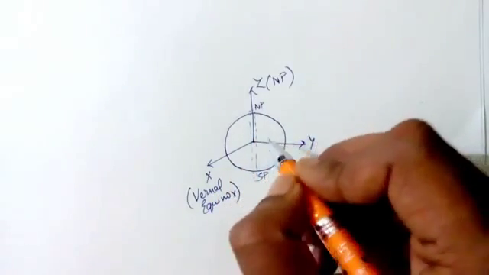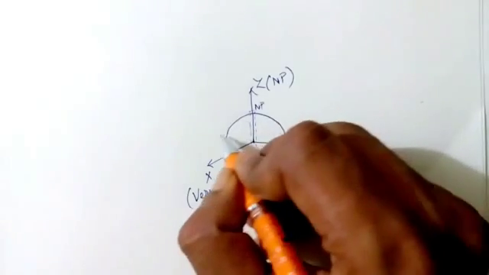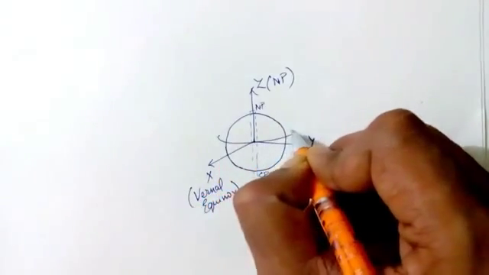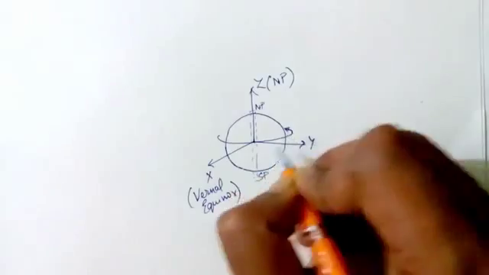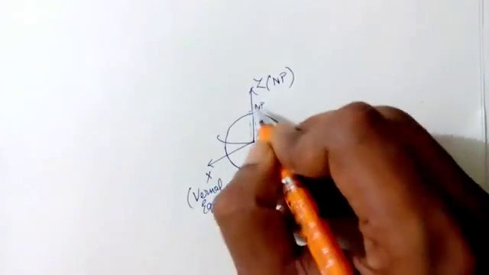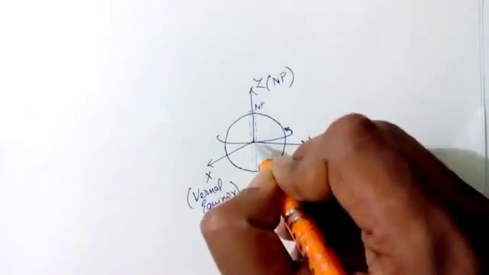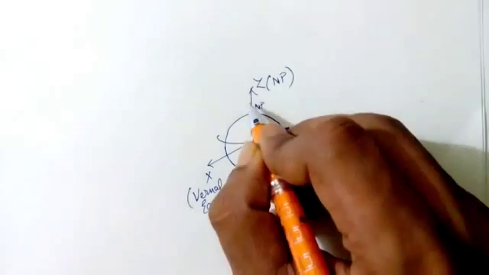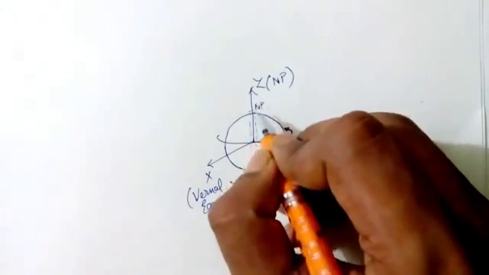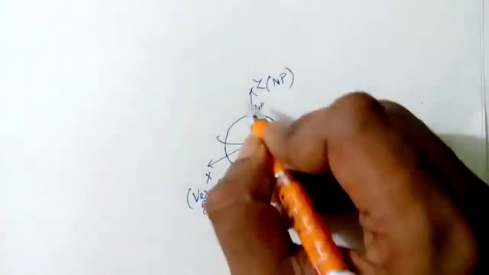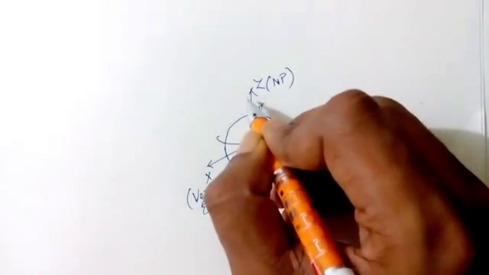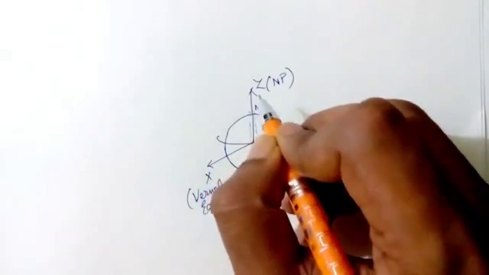Now you'll see that the Earth keeps on spinning about its spin axis, which coincides with the z-axis. However, the ECI frame, the x, y and z, they do not spin. So the ECI frame is a perfectly inertial frame.